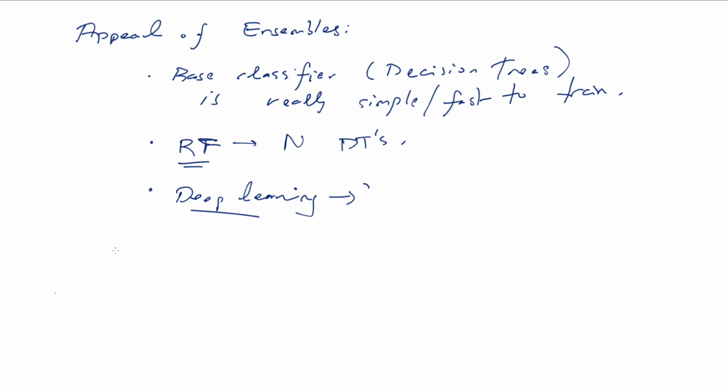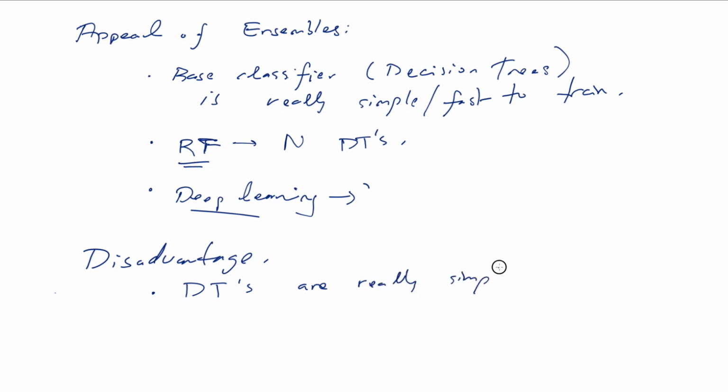The one disadvantage, and this is not a disadvantage relative to deep learning, since deep learning has this disadvantage as well, is a consequence of the simplicity of the base classifier. Decision trees are really simple to understand and interpret, because if I give you a tree, you know exactly why every decision was made.